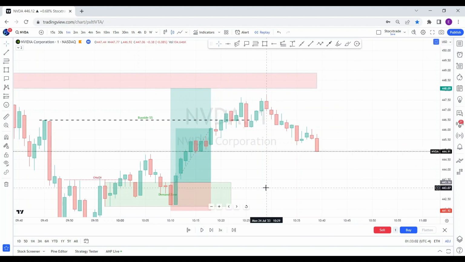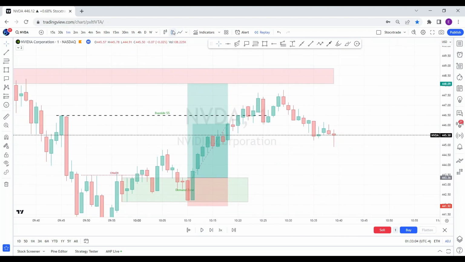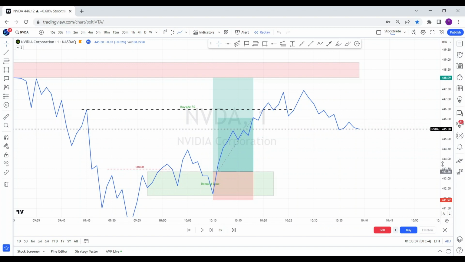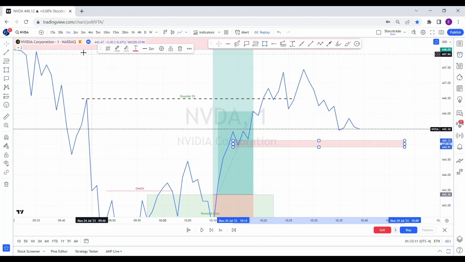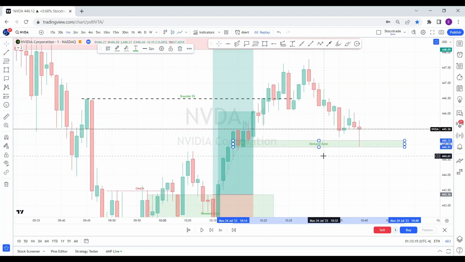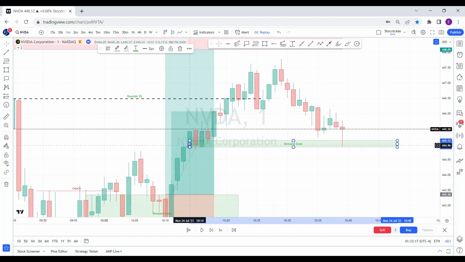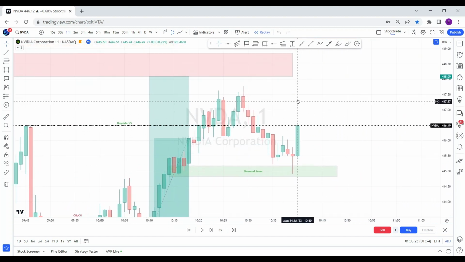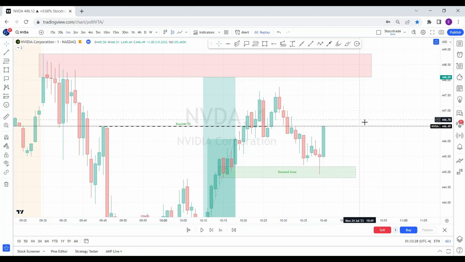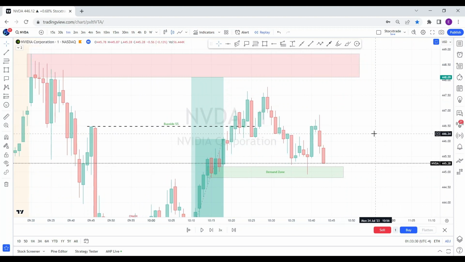Okay, what the price did. If you see the line chart, the price is coming to this demand zone. The price is just mitigating this demand zone, and once it mitigates, it can go up again toward this supply zone.